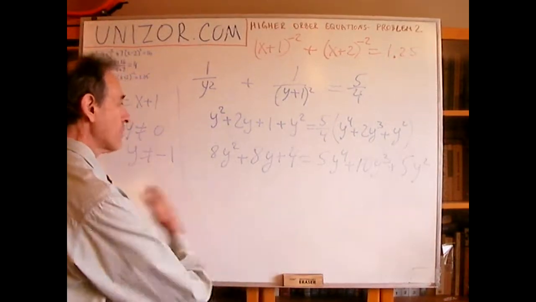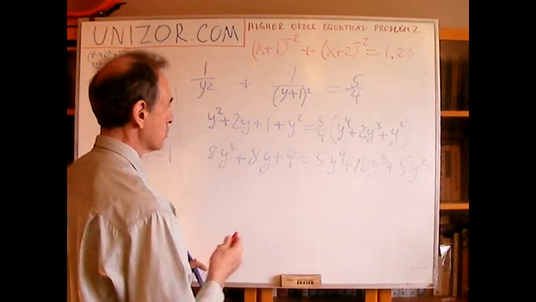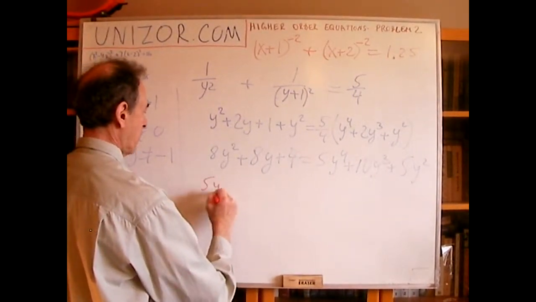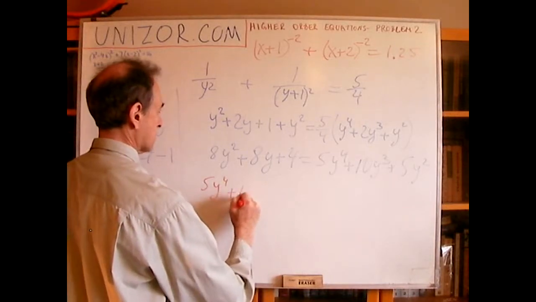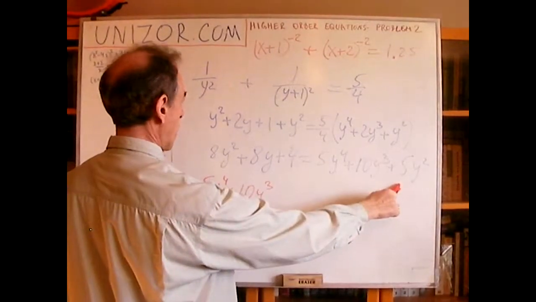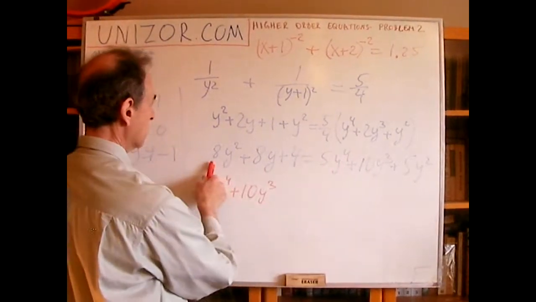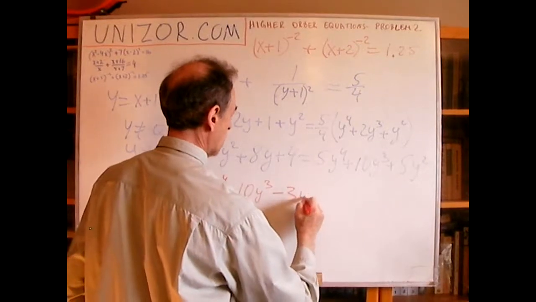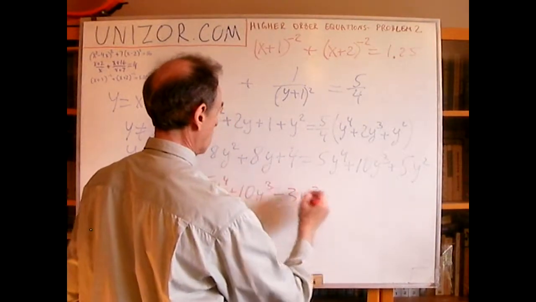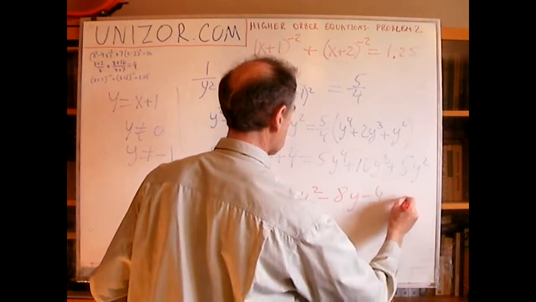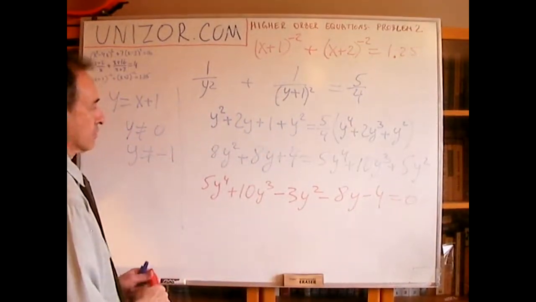Alright, so let's move everything on one side of the equation, and that would be 5y to the fourth plus 10y cubed. Now 5y squared, 8 on this side, so it would be minus 3y squared minus 8y minus 4 equals to 0. That's my equation. Equation of the fourth degree.